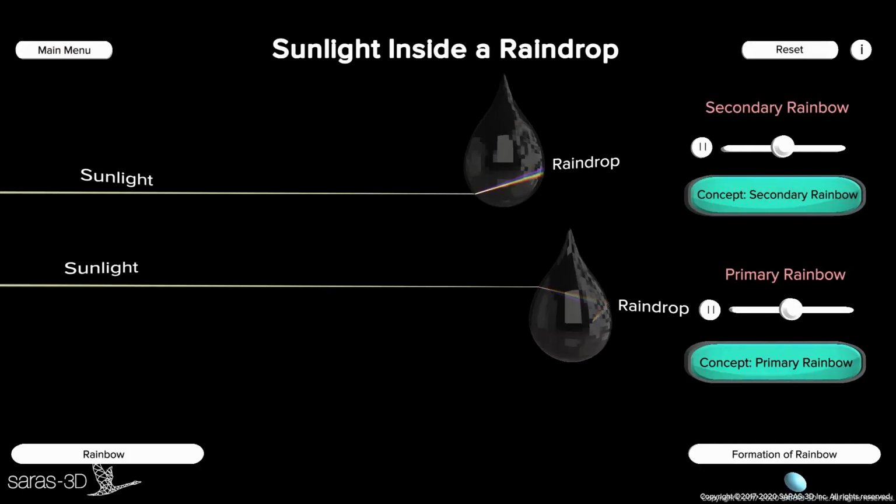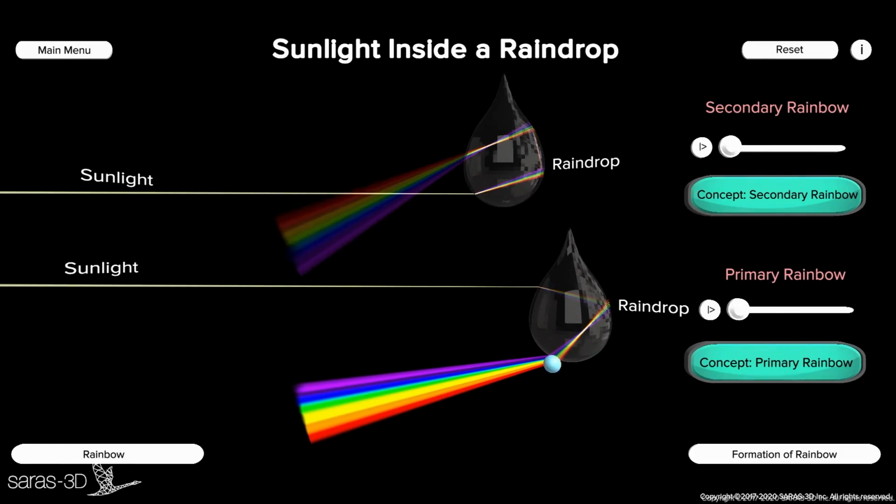For a raindrop forming the primary rainbow, the ray of light first gets refracted and dispersed into seven colors, and if these seven colors are incident at the critical angle of the raindrop, then they get totally internally reflected and get refracted again when they emerge out.